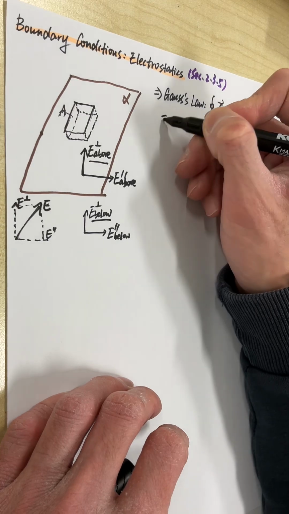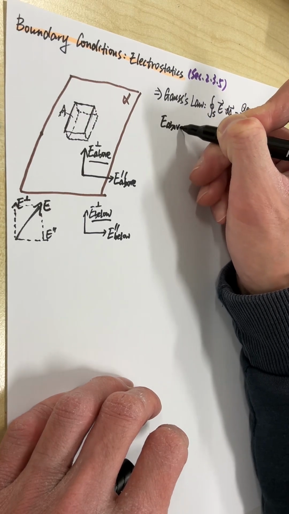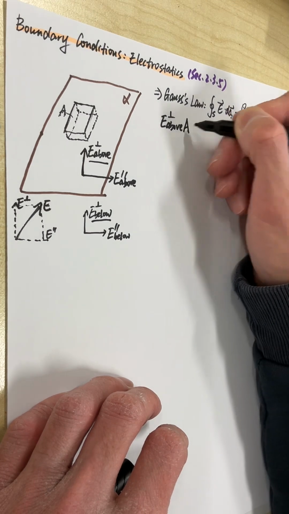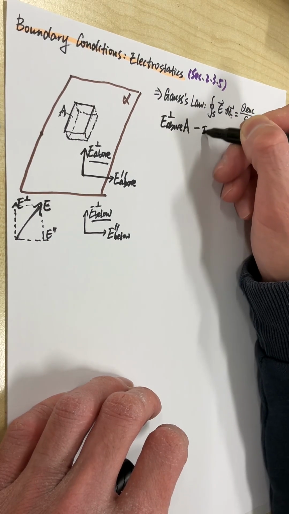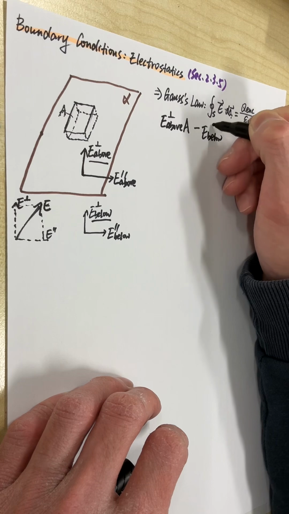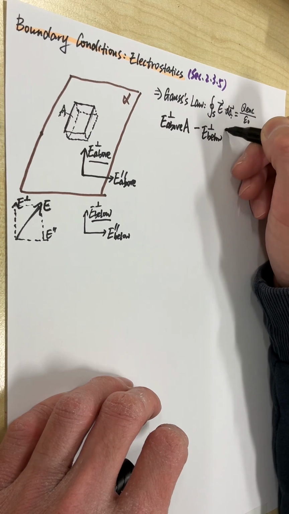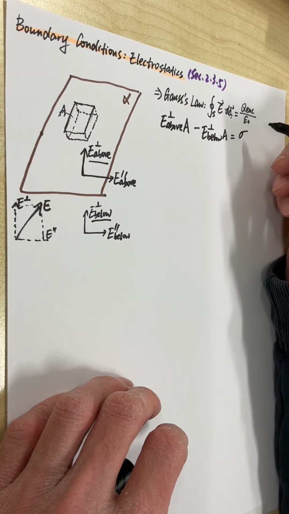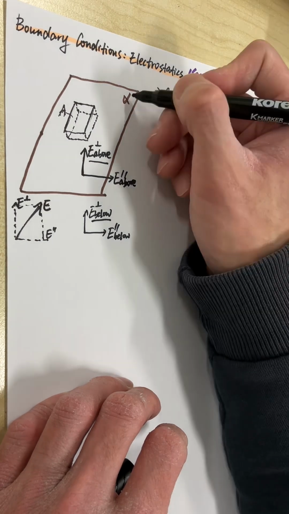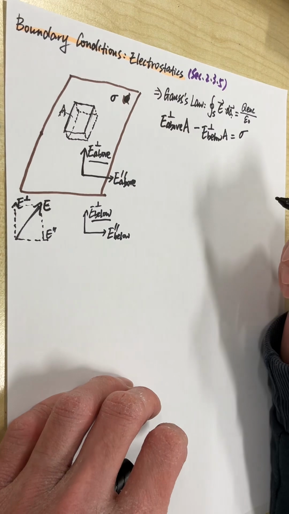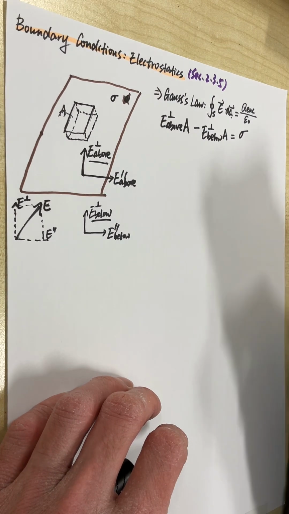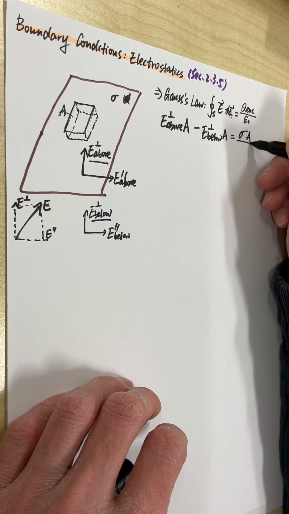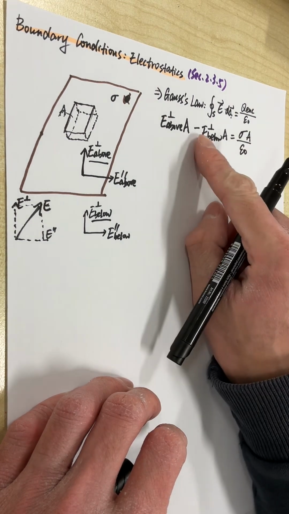So we have E above normal component multiplied by A, minus E below normal component times A, equals the surface charge density sigma times A divided by epsilon 0. So why the minus sign here?